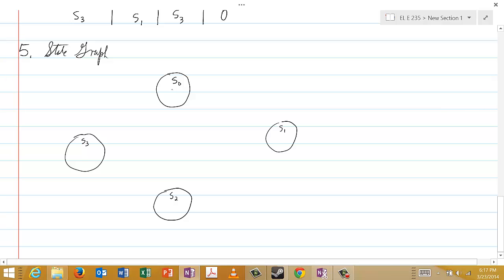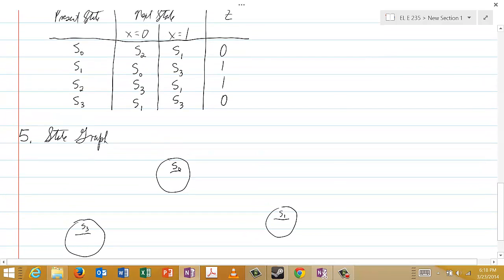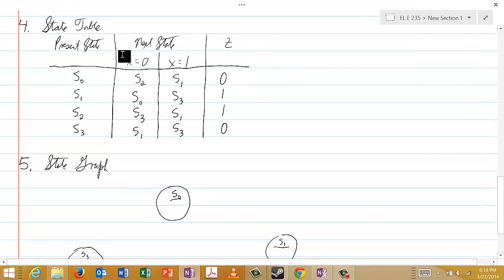And for a Moore machine, the output depends only on the state, and therefore we can put the output in the same circle that contains the information about the state. Notice what I mean here as we look at our state table.